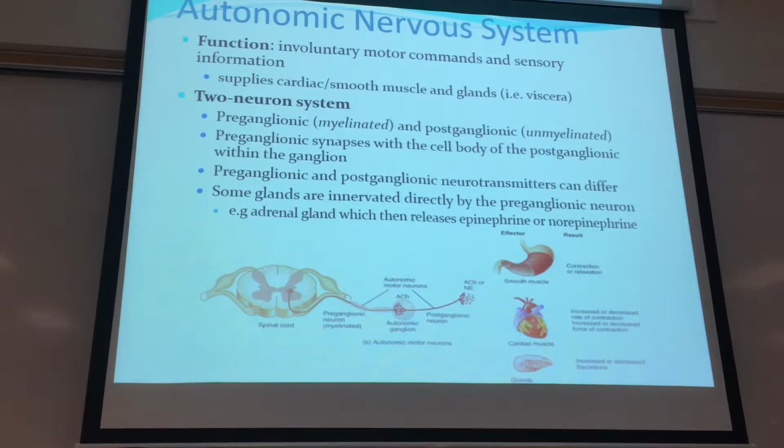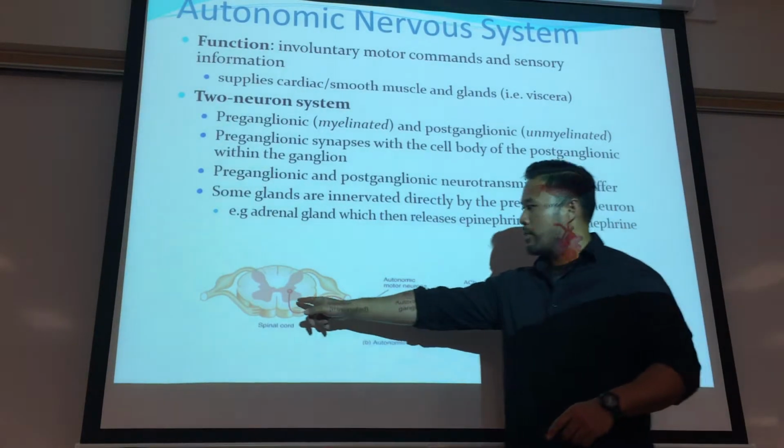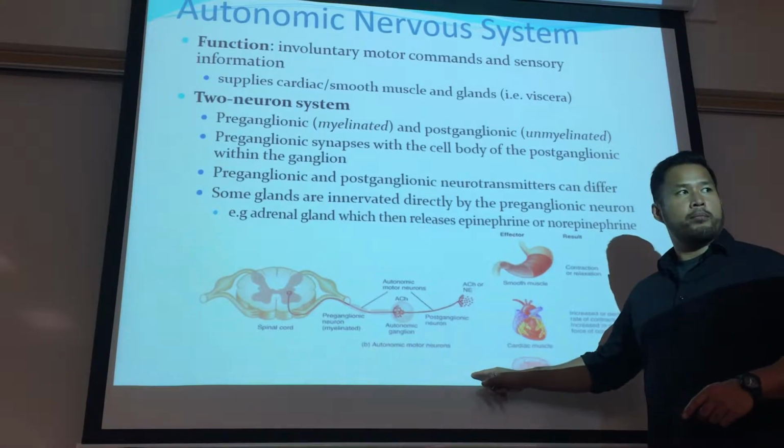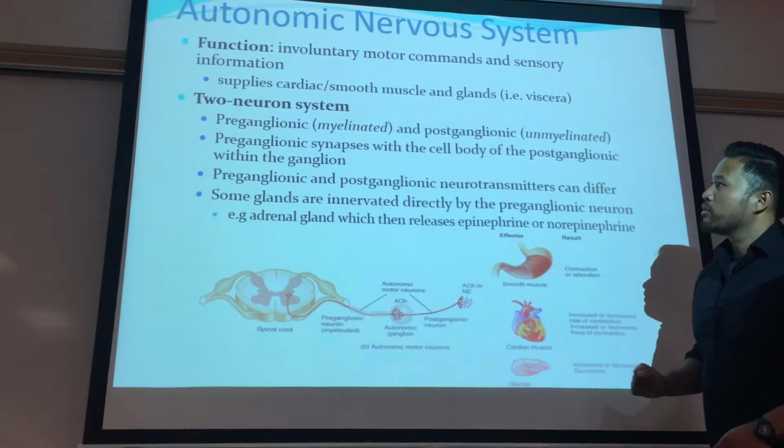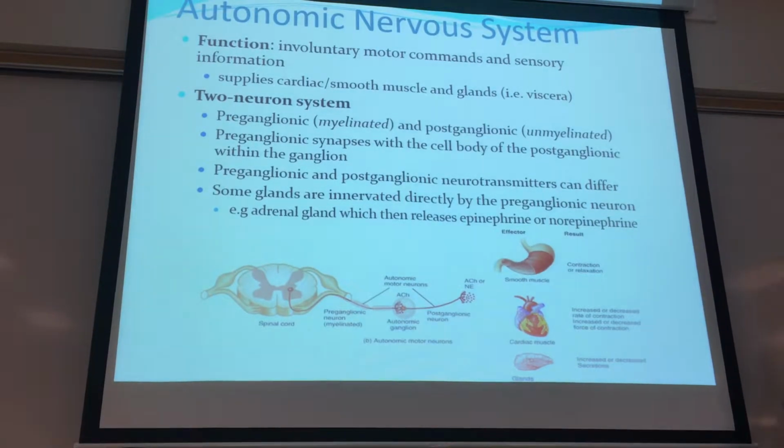Now the key difference with the autonomic nervous system compared to the somatic is that the autonomic pathways involve a two-neuron system. You saw in the somatic nervous system the motor neuron that starts from the spinal cord out directly to the muscle. In this case, autonomic is going to involve two. So what falls in between?